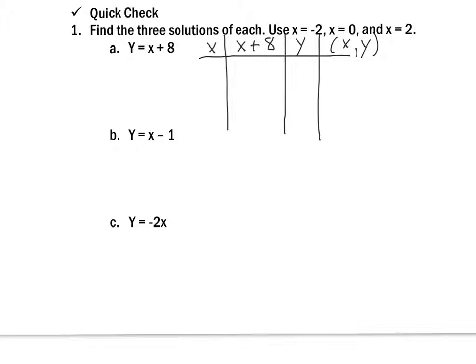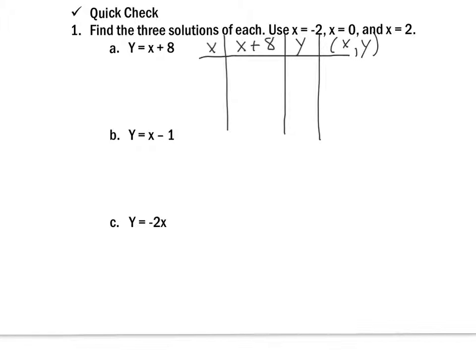Now, we have been given our values for x right here: -2, 0, and 2. That is what we are going to plug in to the equation x plus 8.